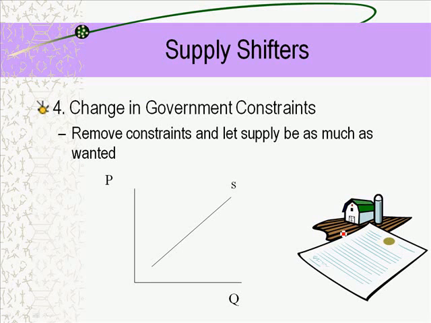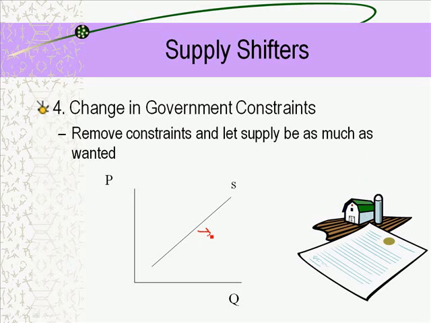Change in government constraints. If anyone knows anything about the tobacco industry, it used to run off of a quota system, and a quota is where you're told specifically how much you're allowed to produce. And so if the government were to remove that constraint and tell the tobacco industry, oh, you can just produce however much you want, what would happen to our supply curve?